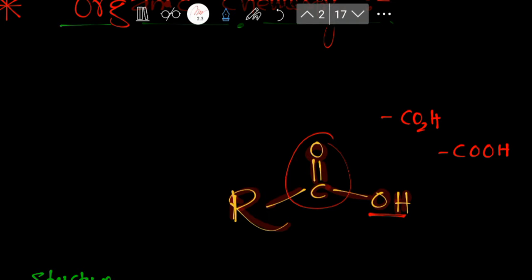Now when the COOH group is covalently bonded with R, that R may be an alkyl group, an aryl group, an alkenyl group, whatever it may be, a carbon containing group, that whole compound is called a carboxylic acid. It is one of the important organic acids.